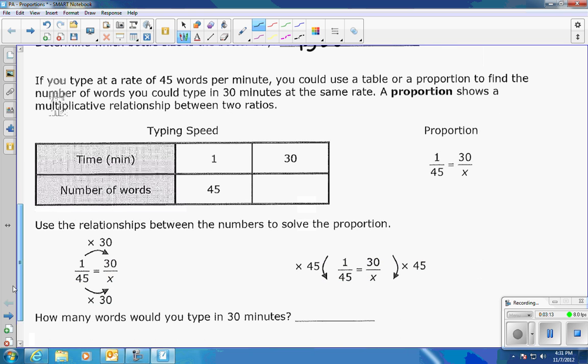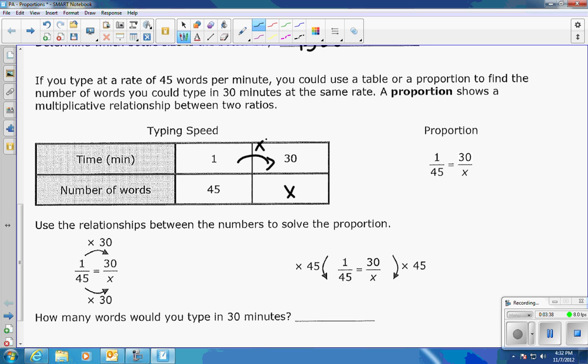Next one is if you type at a rate of 45 words per minute, you could use a table or a proportion to find the number of words you could type in 30 minutes at the same rate. A proportion shows a multiplicative relationship between two ratios. So if we type 45 words in 1 minute, then how much are we going to type in 30 minutes?